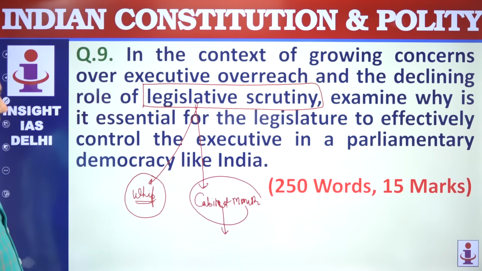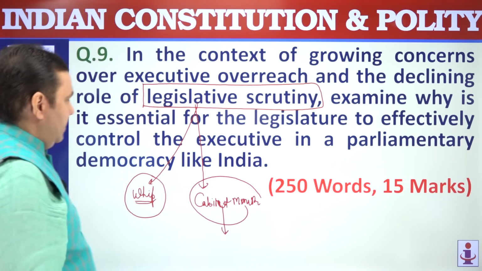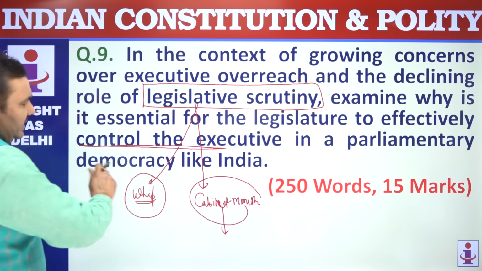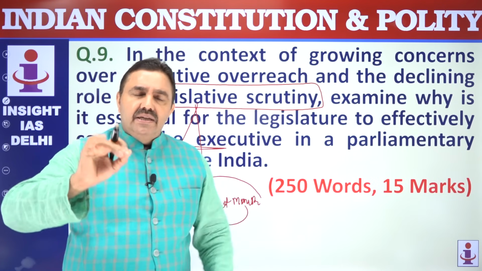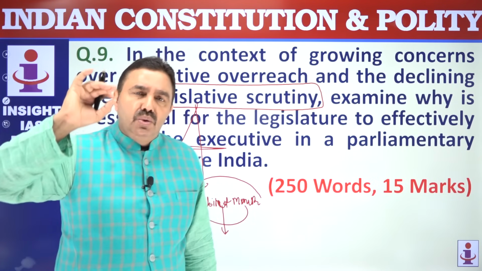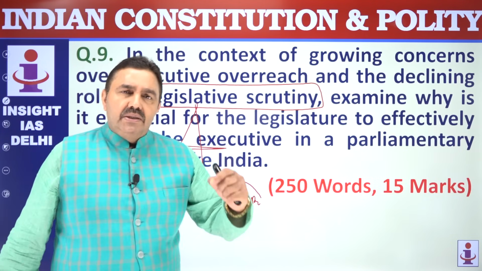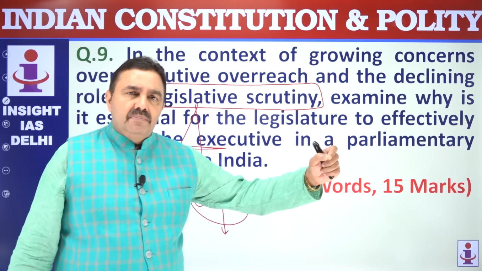So in such a situation, we have to ensure that control of legislature on executive is effective. At least discussions should be elaborate. At least the issue should be highlighted. At least the public should be made to know what is being done and why it is being done, because no party that is in power will like to lose the forthcoming election.